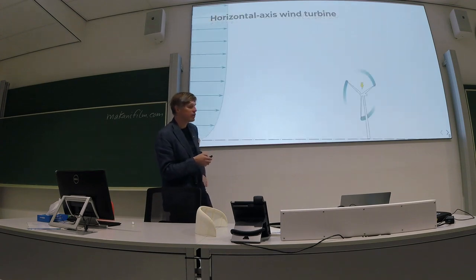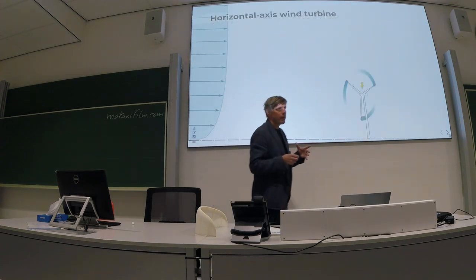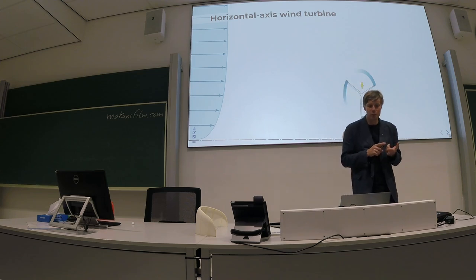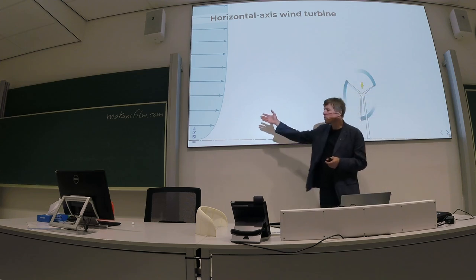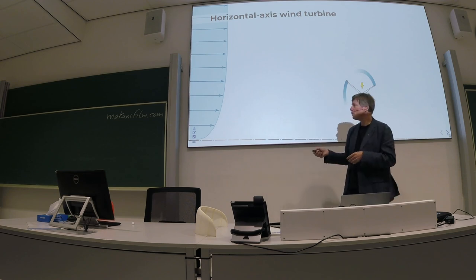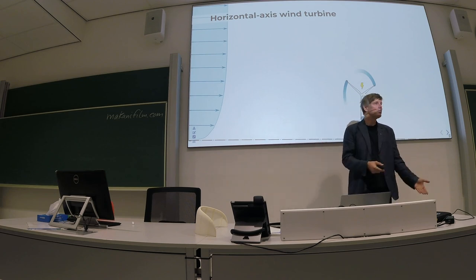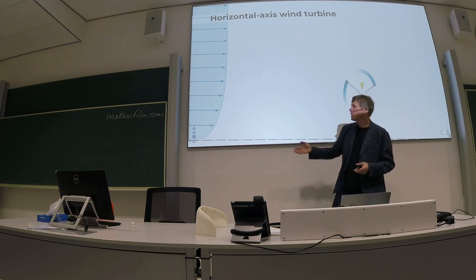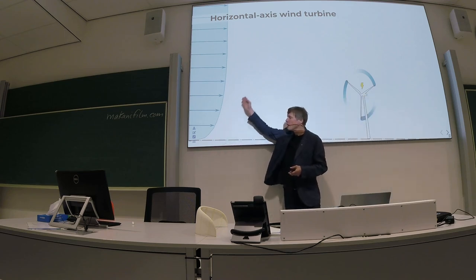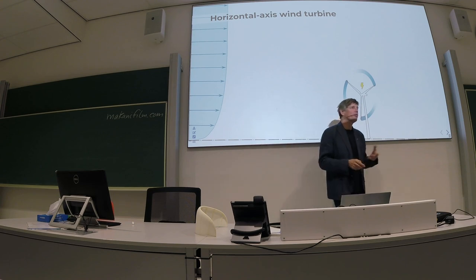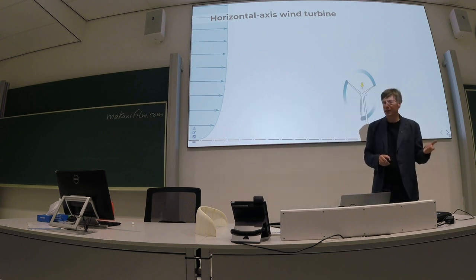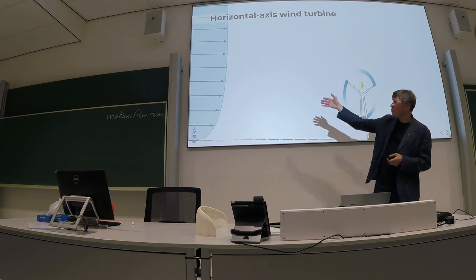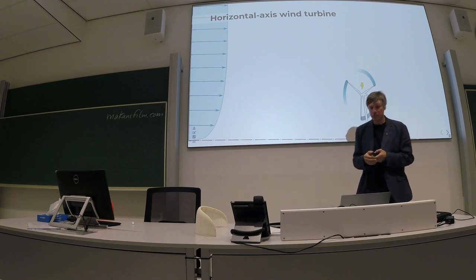So airborne wind energy, what is it? Here we have a conventional horizontal axis wind turbine. Wind comes from the left, and as you all know, at the ground the wind is zero because we have a boundary layer flow. Then with height it typically increases. How it will increase we will see later.